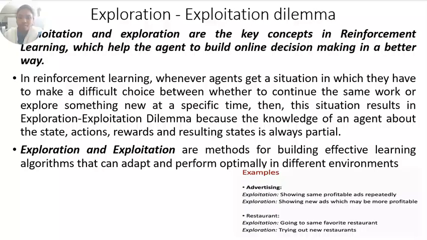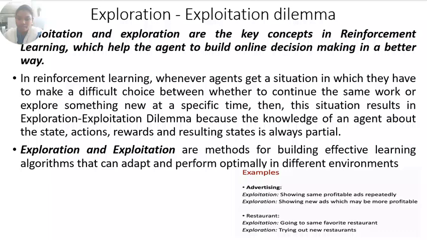This is because the knowledge of the agent about the state, action, reward and resulting state is always partial. Exploration and exploitation are methods for building effective learning algorithms that can adapt and perform optimally in different environments. There are two examples we are seeing here.